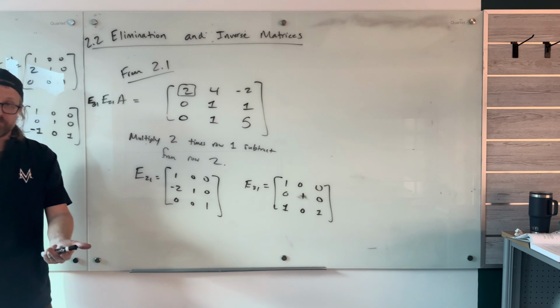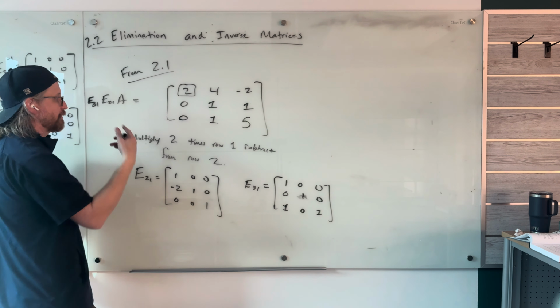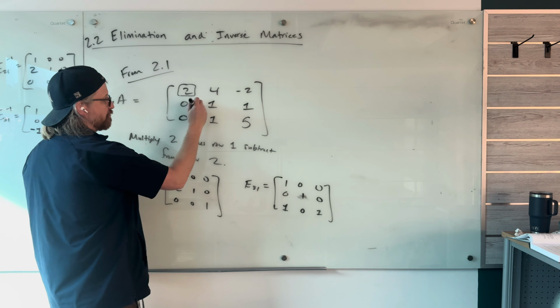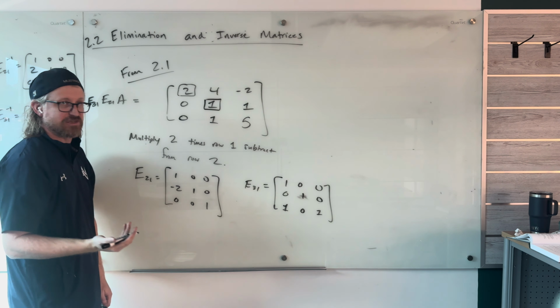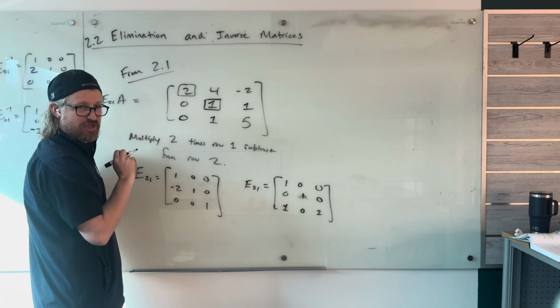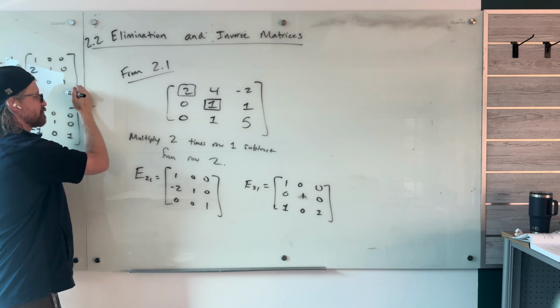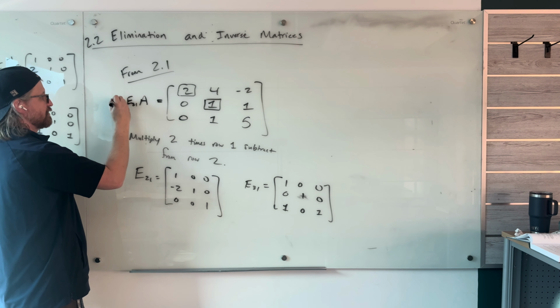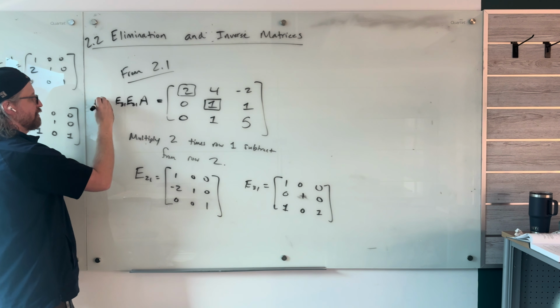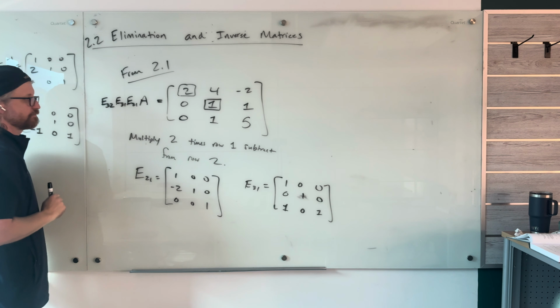Now we're really close to the upper triangular matrix form. We need to multiply by one more elimination matrix, because now that this has zeros underneath, we need to look to the next diagonal. It's not 0. We need to zero this entry out now. And so just to make some space, we have this is equal to A, we did E21, and we did E31, and then now we're going to do E32.